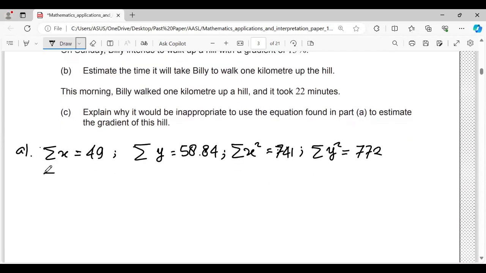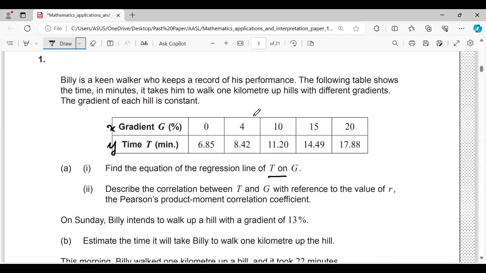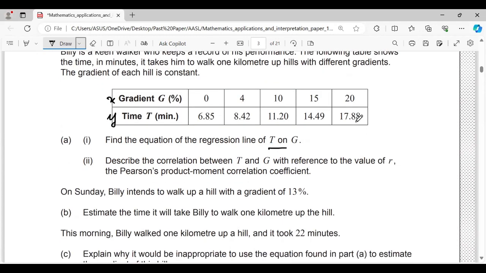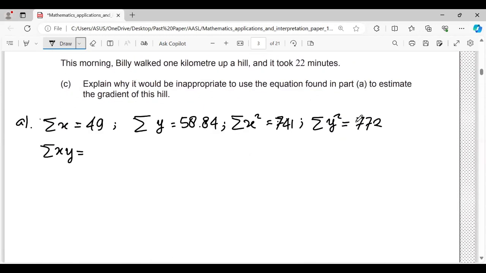And then sigma x times y. So 0 times this number plus 4 times this number plus 10 times this number until 20 times 17.88. So it is 720.63.